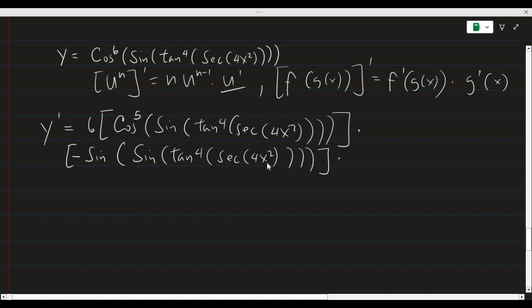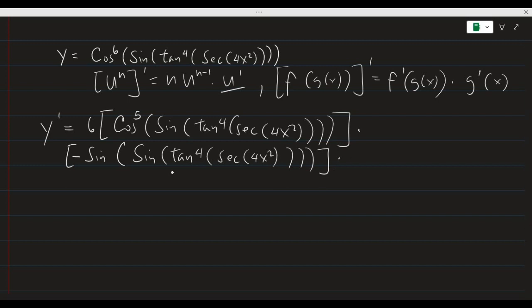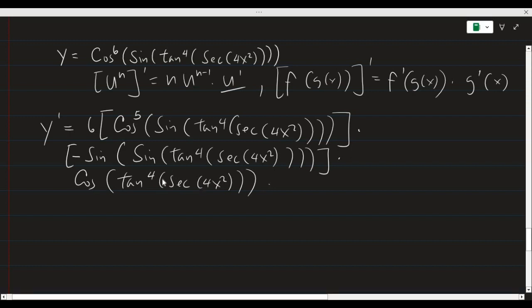The inner function is sine of tangent to the fourth of secant of 4x squared. This is a composite function whose outer function is sine, so the derivative of sine is cosine. We keep the inside function the same, tangent to the fourth of secant of 4x squared, and then we multiply again the result by the derivative of the inner function.